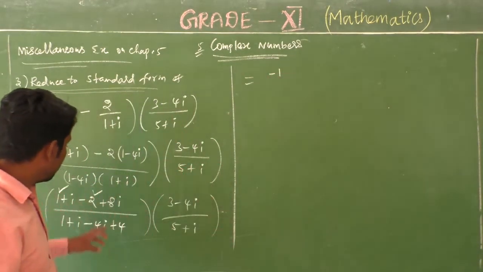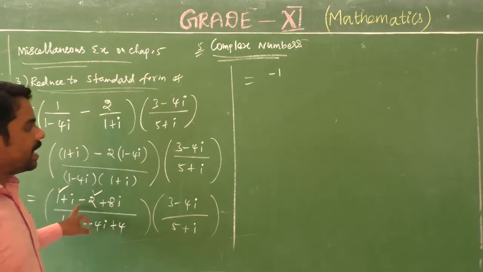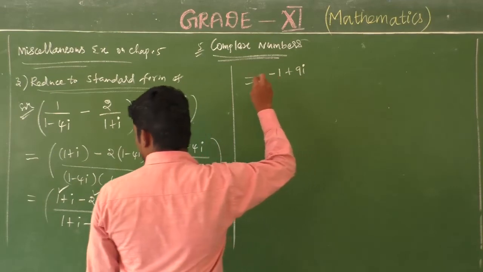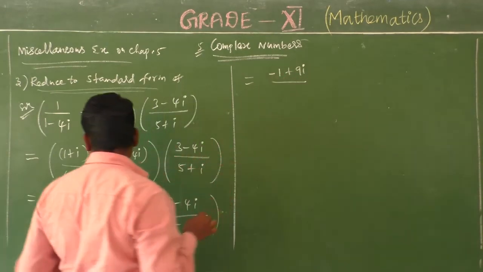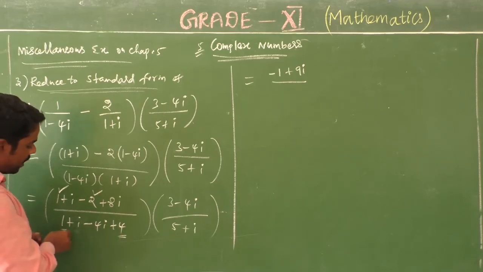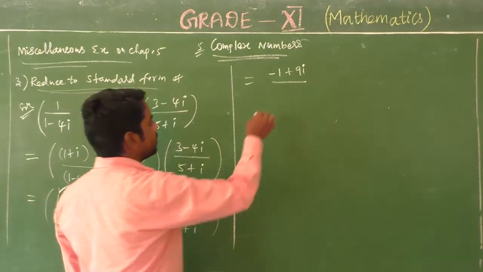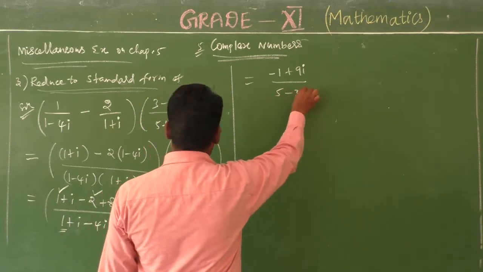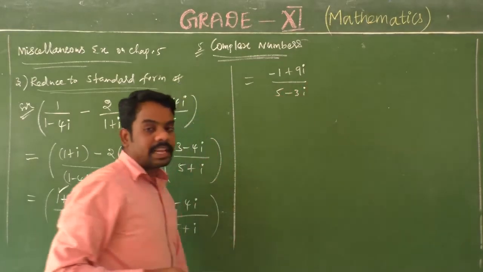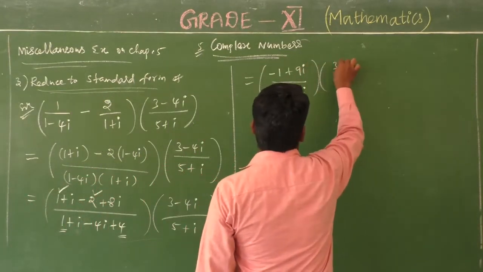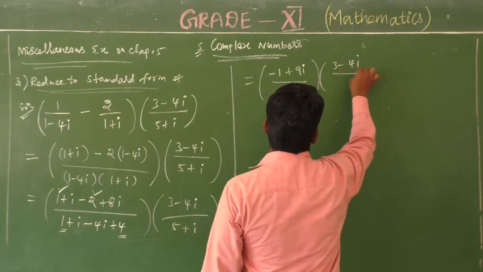Minus 1 plus i plus 8i is plus 9i, divided by the denominator: real parts 1 plus 4 is 5, and minus 4i plus i is minus 3i. Into (3 minus 4i) divided by (5 plus i).